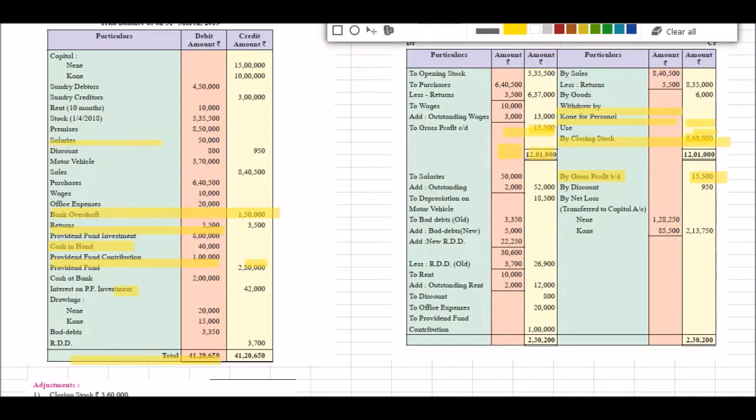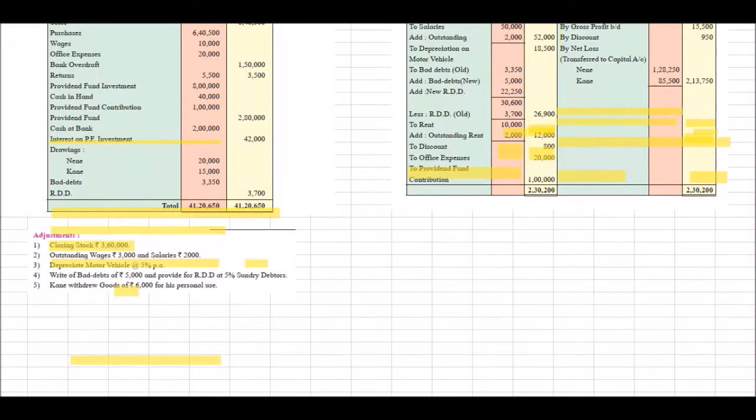Salaries amount is 50,000 rupees, so I have taken that. We have a salaries adjustment also, outstanding wages. In the adjustment it is given that the amount is 2,000 rupees.